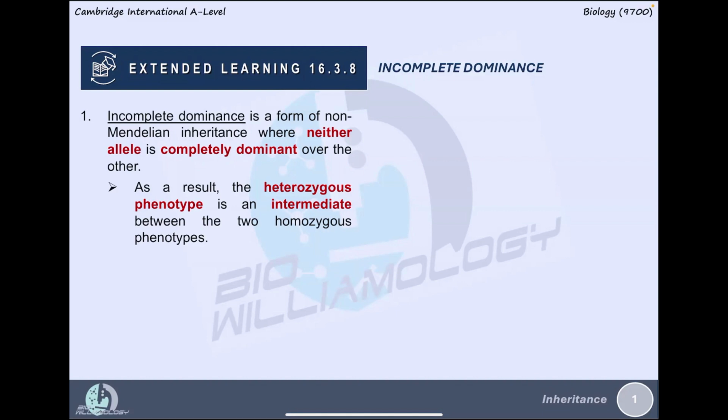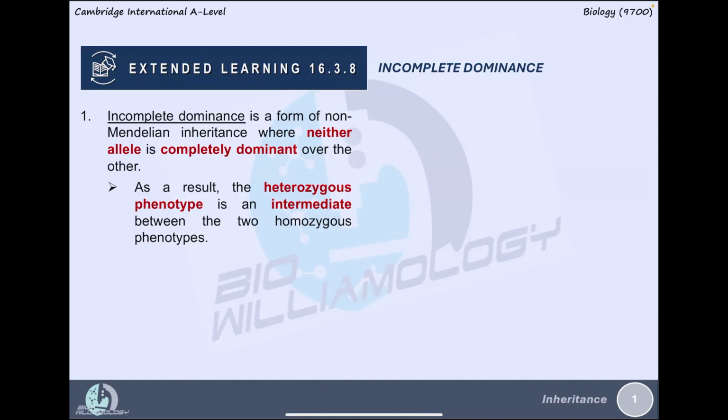If we compare this with co-dominance, the heterozygous phenotype always shows both parental phenotypes. For example, in the HbA HbS heterozygous stage, 50% of the hemoglobin will show normal beta globin, and the other 50% are abnormal beta globins.